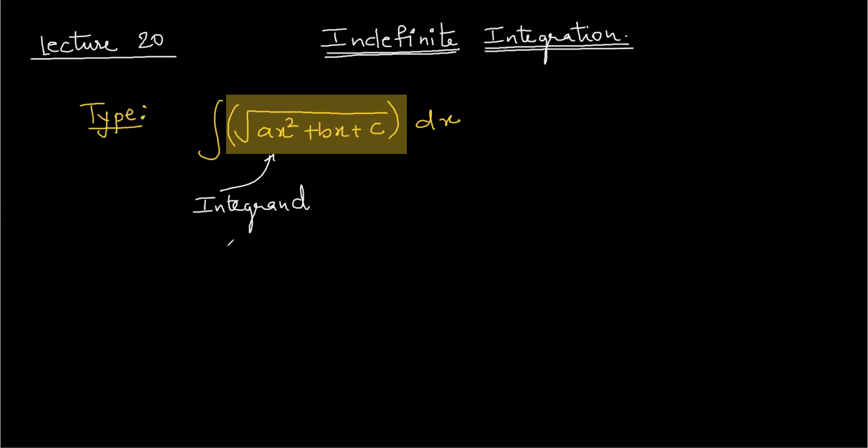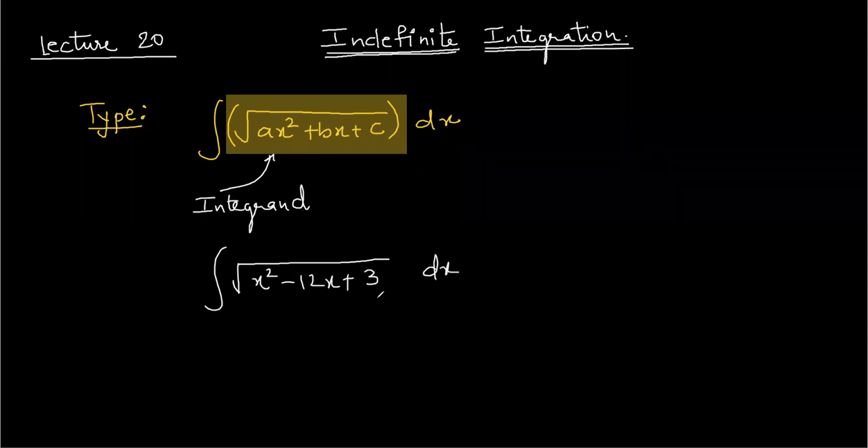For example, if I have to integrate square root of x square minus 12x plus 3 dx. So see, this is square root of ax square plus bx plus c dx. What is a here? 1. b is negative 12, plus c dx.